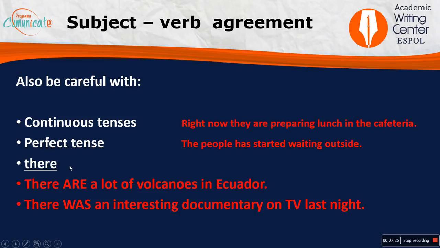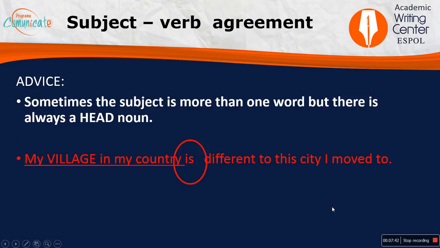And when we use there, we also need to consider the verb that we're using, and that will correspond to the noun that we mention in the sentence that we refer to. Sometimes it's not always so easy to identify what the subject is referring to when there is more than one word.